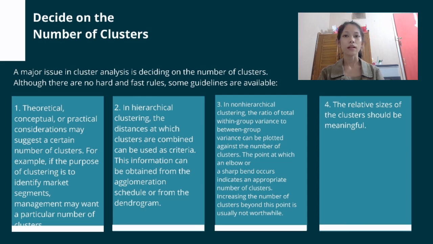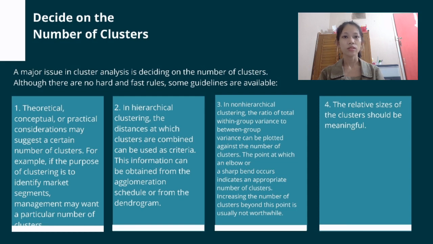2. In hierarchical clustering, the distance at which clusters are combined can be used as a criterion. This information can be obtained from the agglomeration schedule or from the dendrogram. 3. In non-hierarchical clustering, the ratio of total within-group variance to between-group variance can be plotted against the number of clusters.